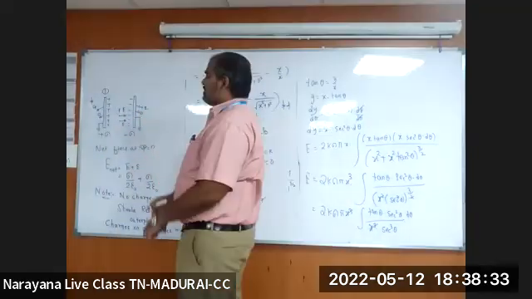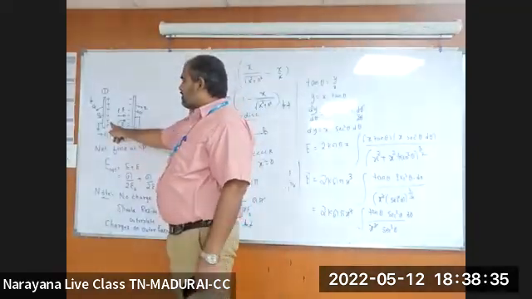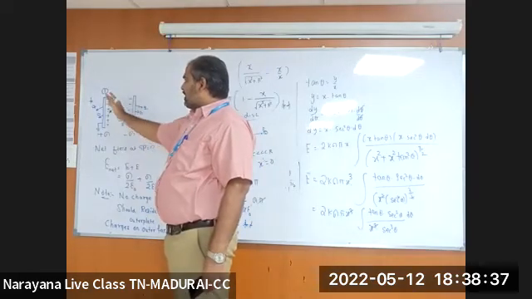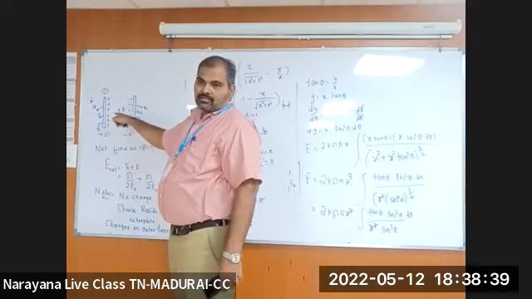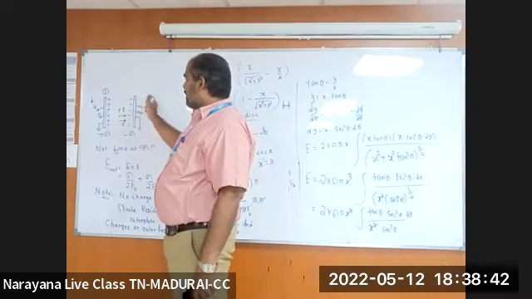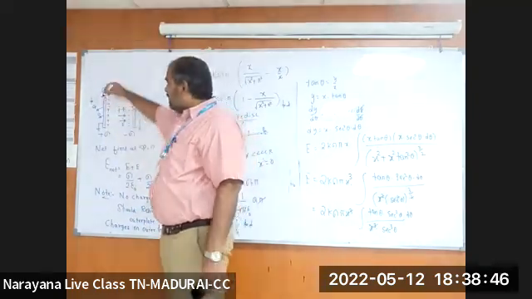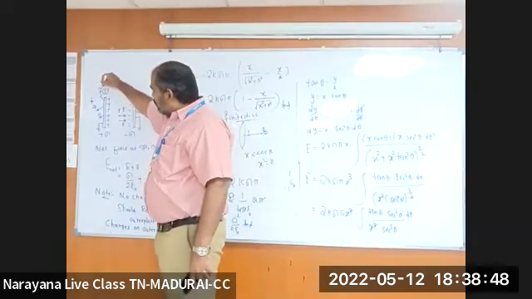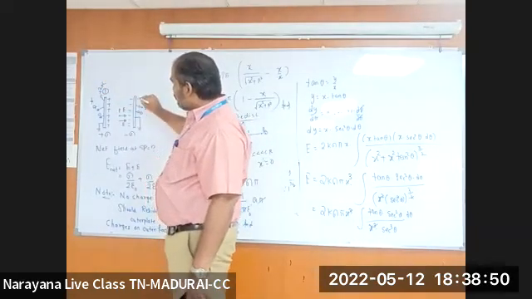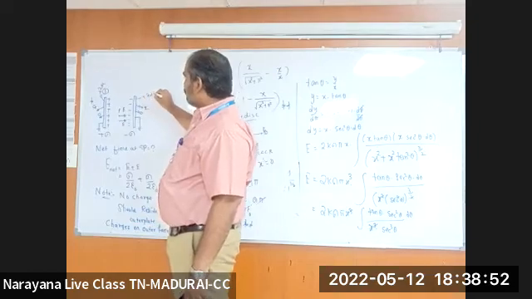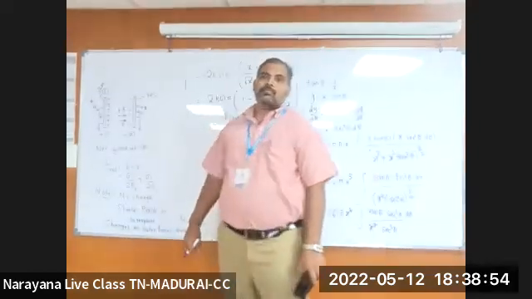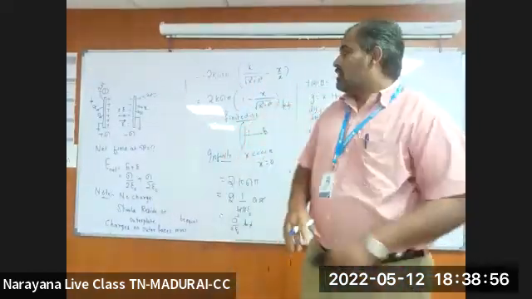Very simple logic: if you bring this charge, it drags the electrons to the inner faces. As a result, the remaining charge will go outside. That's all. Understood? If the left side has plus 2 microcoulomb, how much should the right side be? Plus 2 microcoulomb. Yes, sir. You have to keep that point in mind.